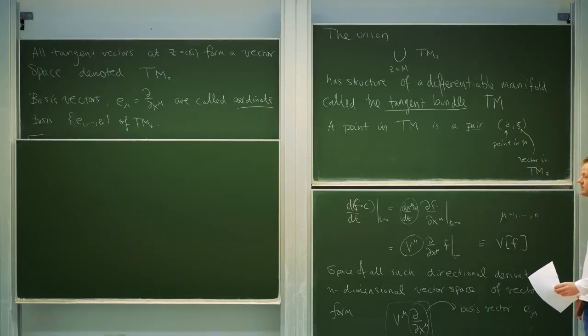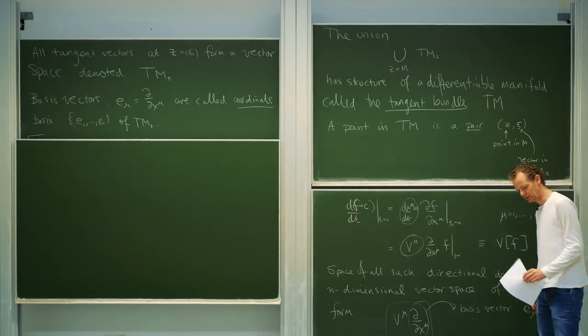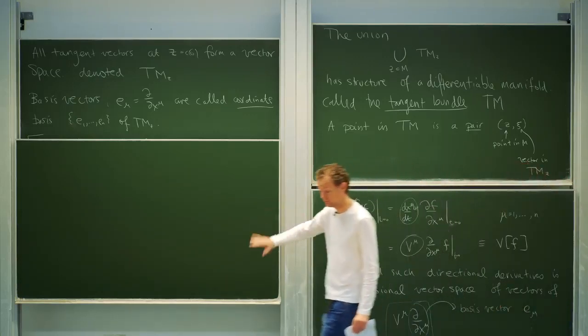So given that observation that points in TM are pairs of points and vectors tangent to the manifold at that point, then we can actually introduce a coordinate system for this manifold.